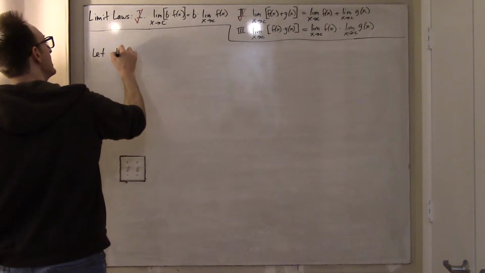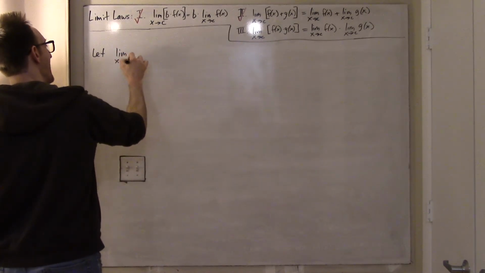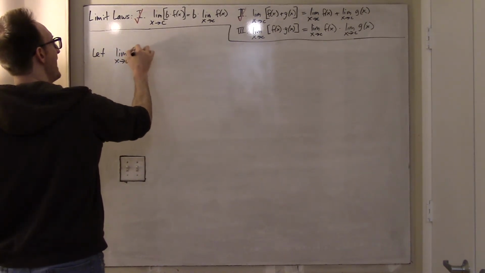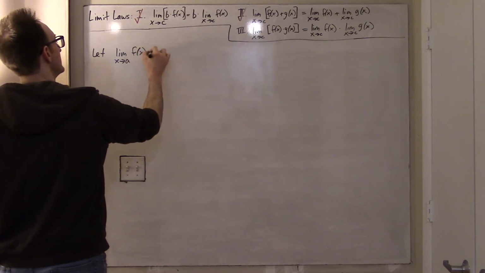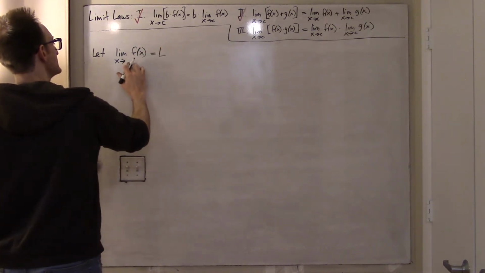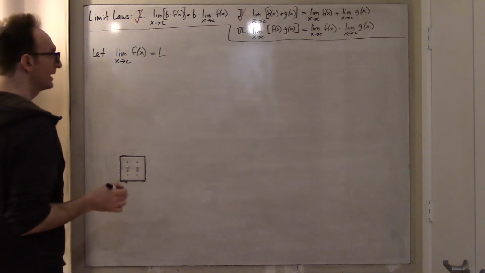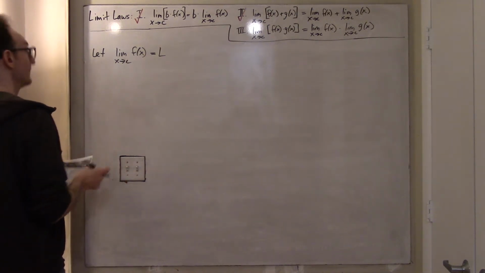Let the limit as x approaches c of f be L. Maybe I'm using c's now. And what does that really mean?